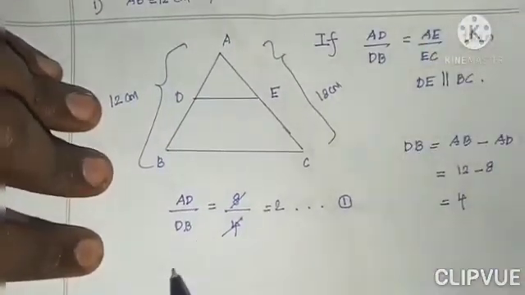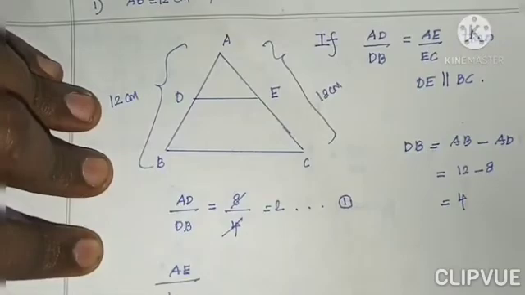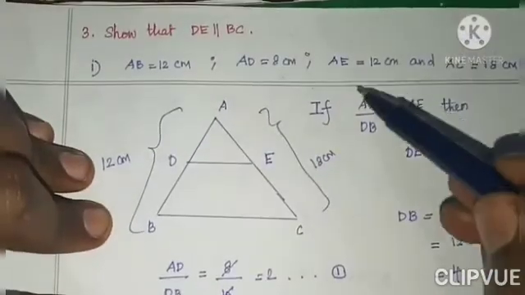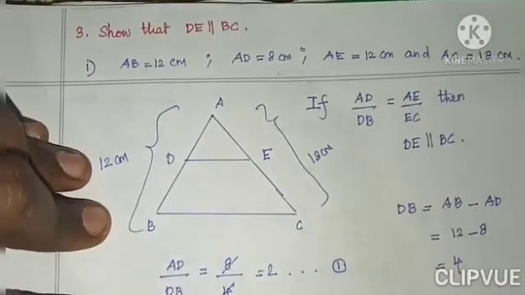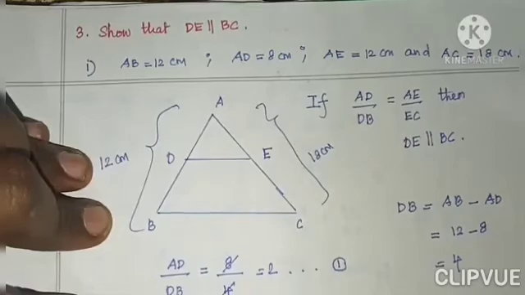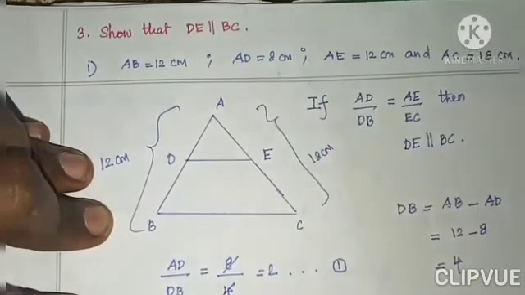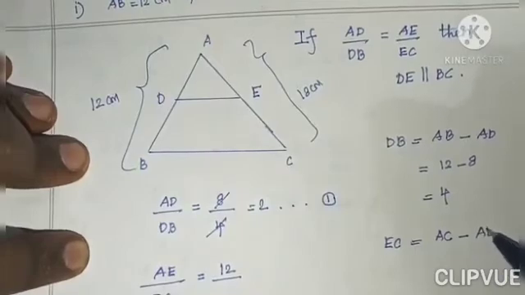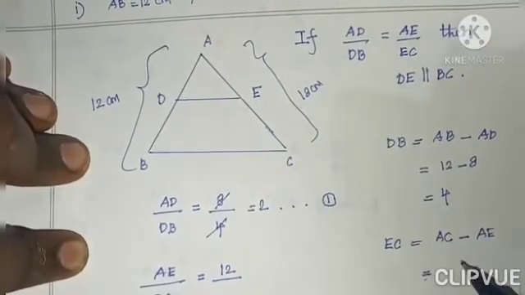Next, AE by EC. AE length is given, that is 12 centimeter, by EC. Here also the same. EC is equal to AC minus AE. AC is 18 minus AE, which is 12.